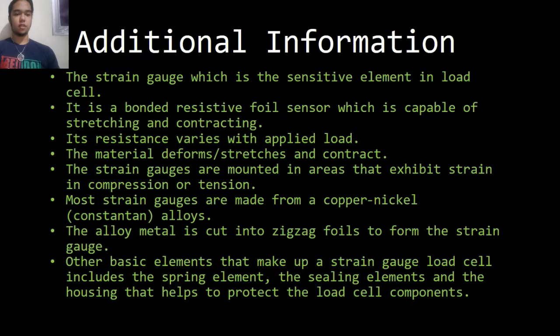Additional information: the strain gauge is the sensitive element in the load cell. It is a bonded resistive foil sensor which is capable of stretching and contracting. Its resistance varies with the applied load. The material deforms, or stretches and contracts. The strain gauges are mounted in areas that exhibit strain and compression or tension.